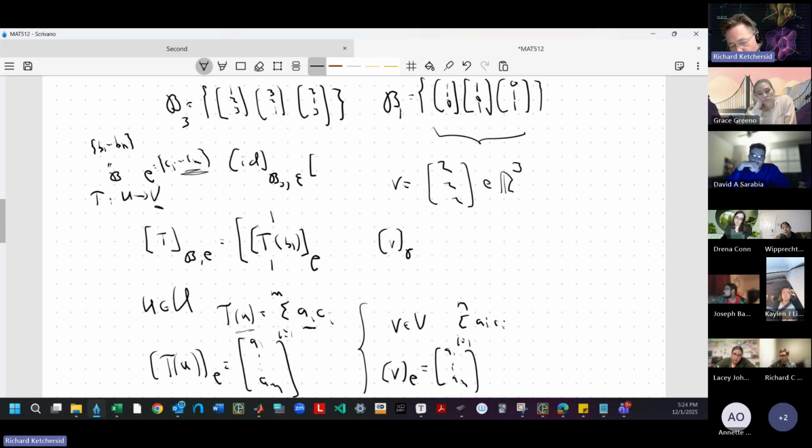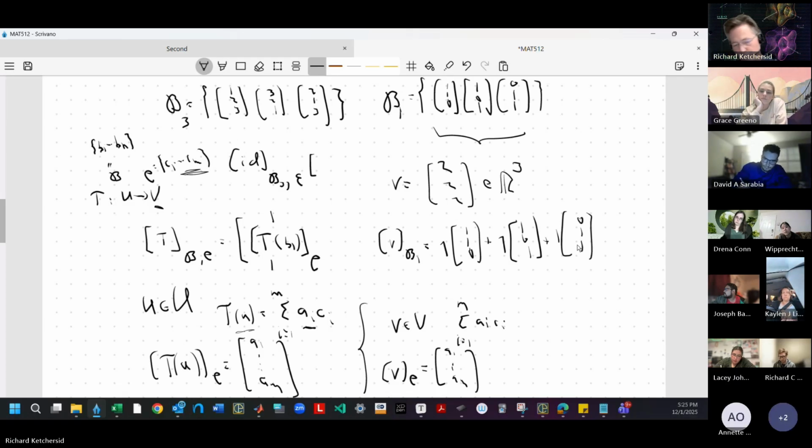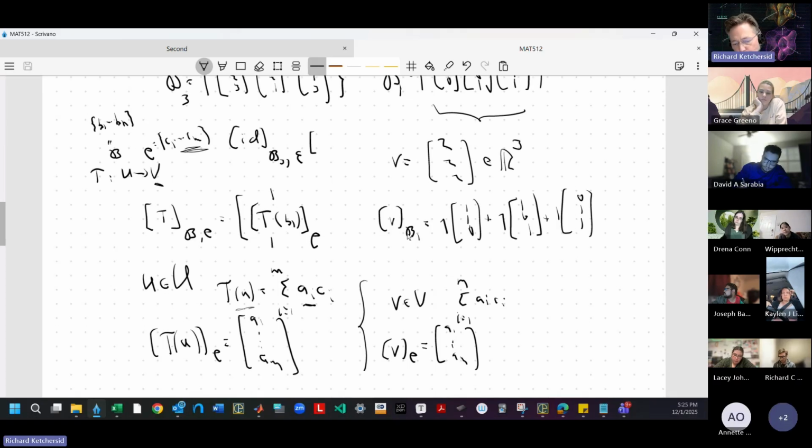v with respect to B1. All I did was add those across to get the 2, 2, 2. It's really one of these plus one of these plus one of these. So the representation here is really the vector 1, 1, 1 with respect to B1.